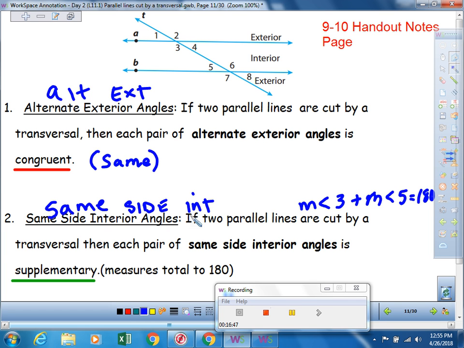We have vertical angles, corresponding angles, alternate interior, and alternate exterior. Those are all congruent. Same measure. Same side interior is supplementary.